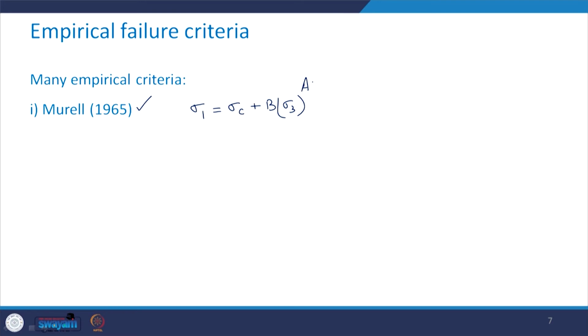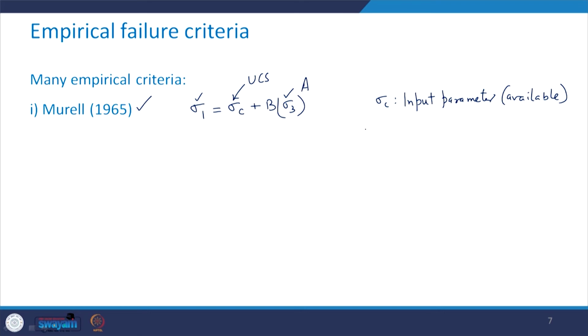The data which you have may be the result of triaxial tests where you have sigma 3 and sigma 1. Now sigma c is the UCS of the intact rock. That means sigma c is an input parameter which is already known to me.